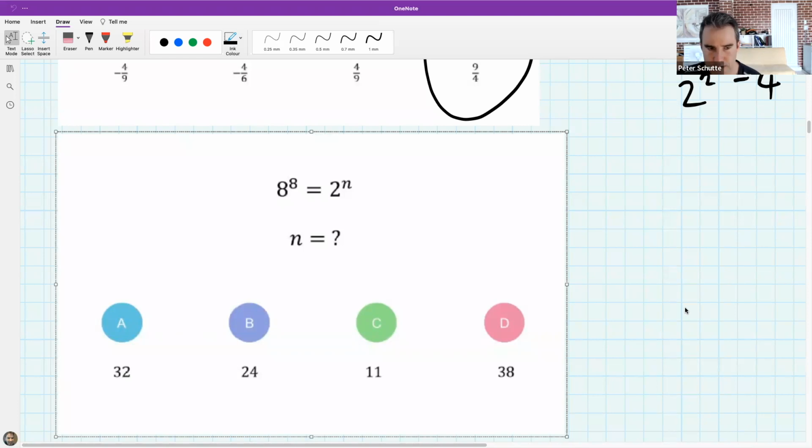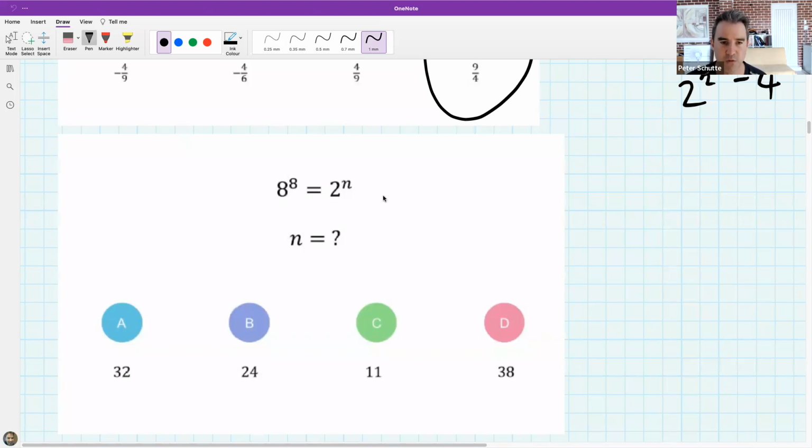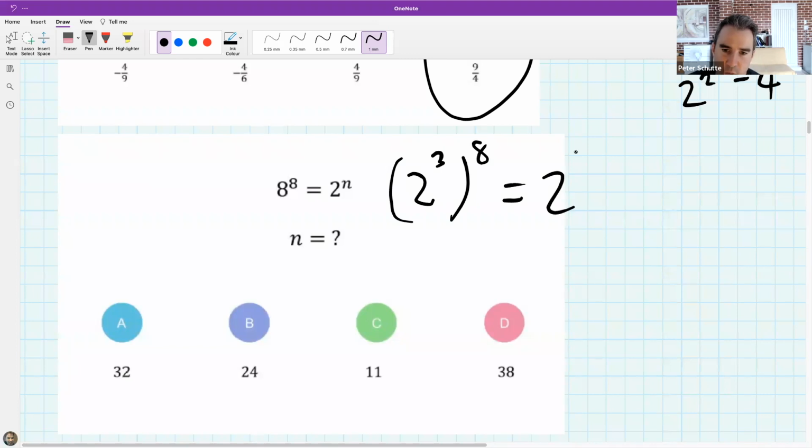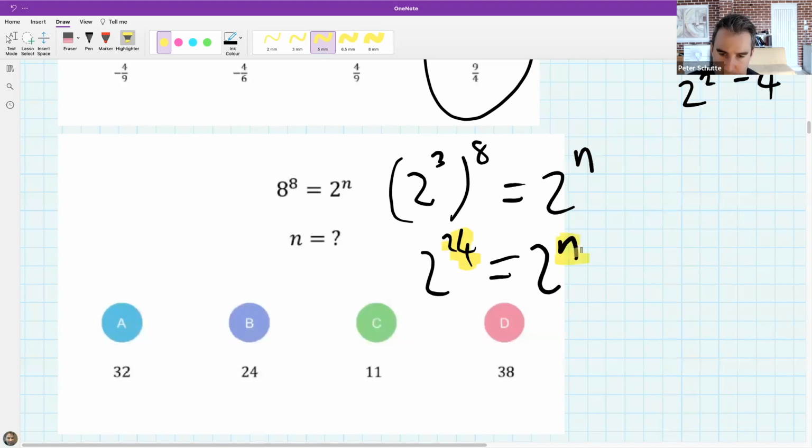Okay, so I think a lot of people are going for B, and I think what they've realized is that 8 is 2 cubed. So basically I can rewrite this like this, and then using the power law, this is 2 to the 24 is 2 to the n. And so then if the bases are the same and the whole thing is the same, surely these two have to be the same.